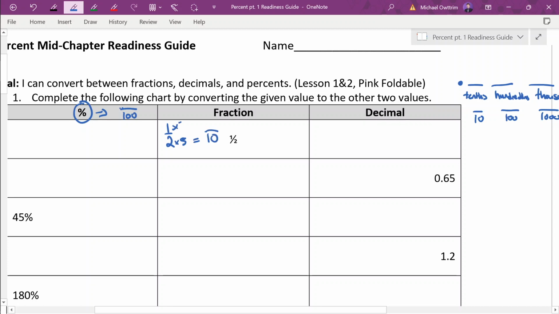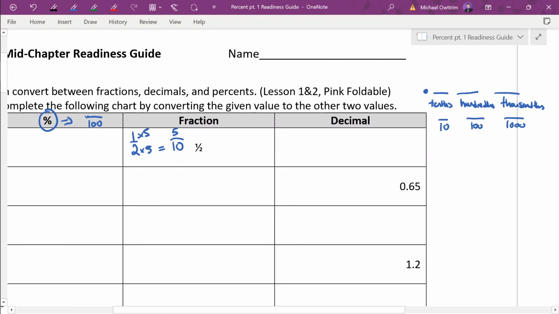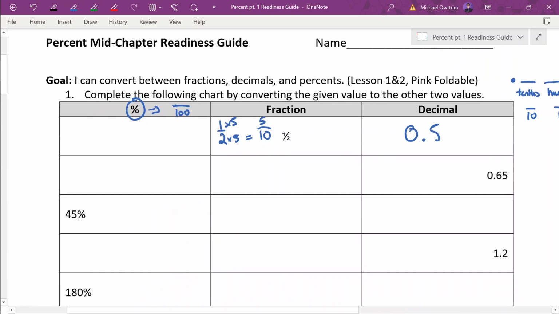And remember, what I do at the bottom of a fraction, I have to do at the top, so 5 times 1 is just 5. Since this is 5 over 10, I can write that as the digit 5 divided by 10 in the tenths place. The 0.5 obviously is my decimal.